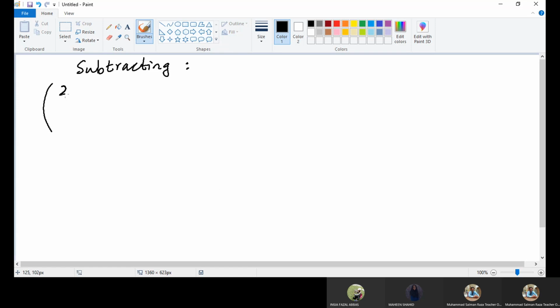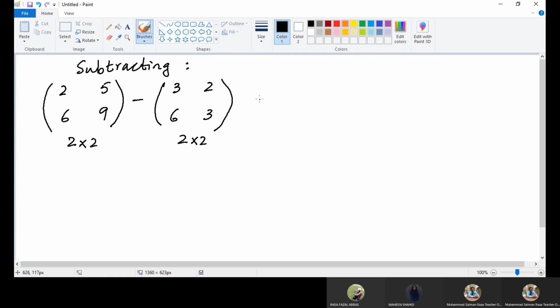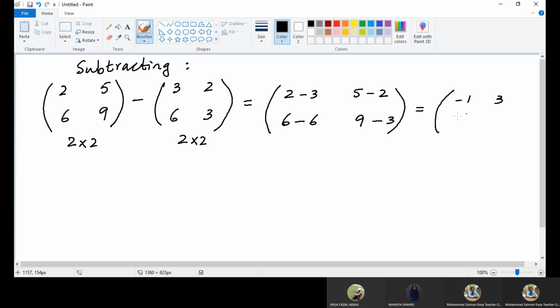If 2, 5, 6, 9 is written, and 3, 2, 6, 3 is written, then again we need to see whether their order is the same or not, and then we can subtract them. It will become 2 minus 3, 5 minus 2, 6 minus 6, and 9 minus 3. So the final answer will be -1, 3, 0, and 6. This is how we add and subtract them.